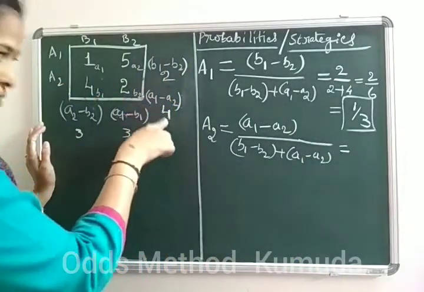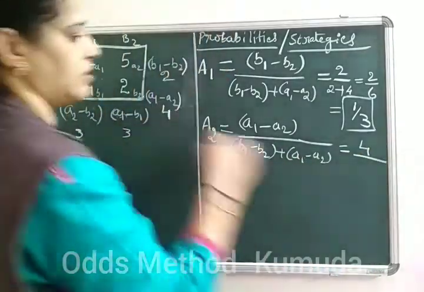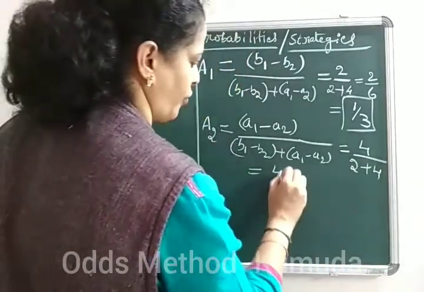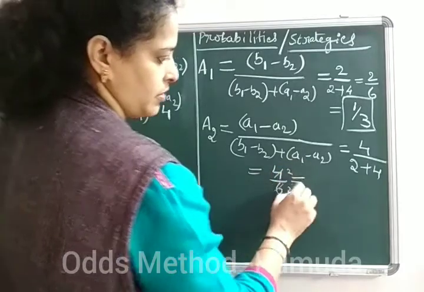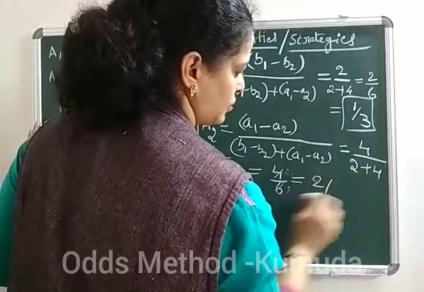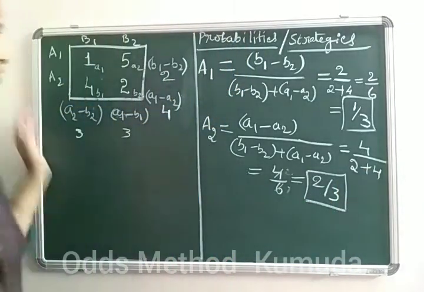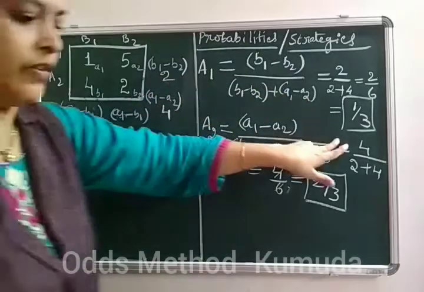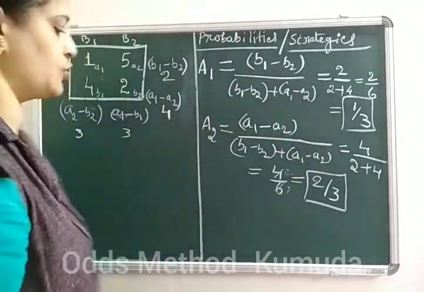A1 minus A2 difference we have already found, which is 4, divided by the sum of the differences, which will be 2 plus 4. So we get 4 by 6, or the value is 2 by 3. So the first strategy of player A, A1, is given by 1 by 3, and the second strategy is A2 and it is given by 2 by 3.